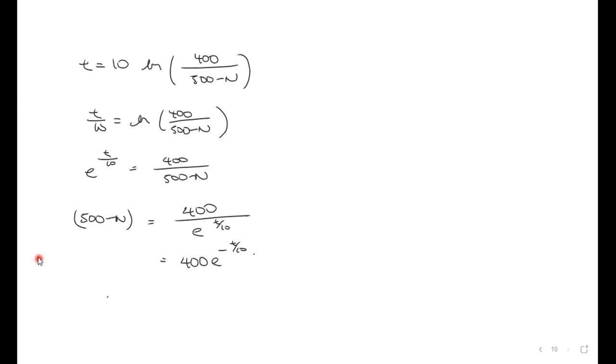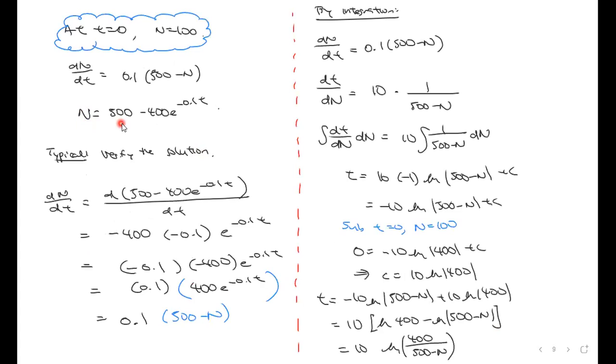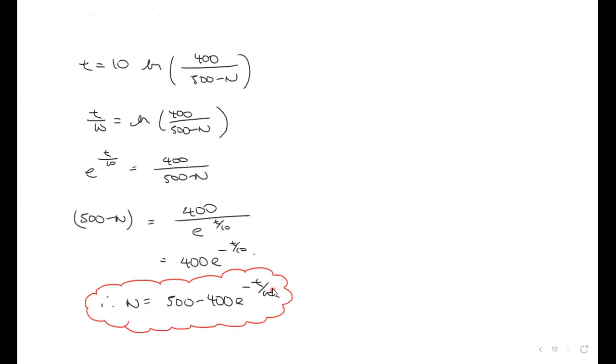So that means n must equal 500 minus 400 e to the negative t over 10. And so that's what we got. And if we compare against what they wanted, n equals 500 minus 400 e to the negative 0.1 t, well, change the t over 10 to negative 0.1 t, and you've got the same answer. And that's how you do it.